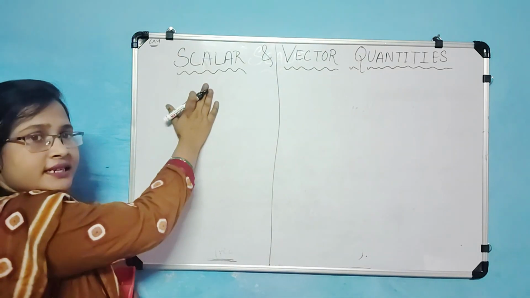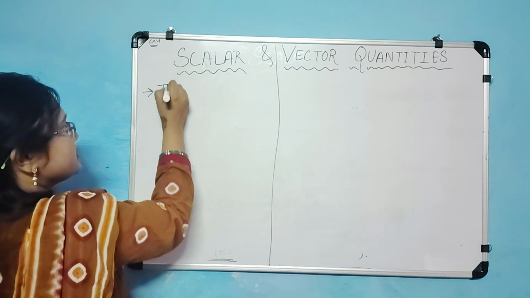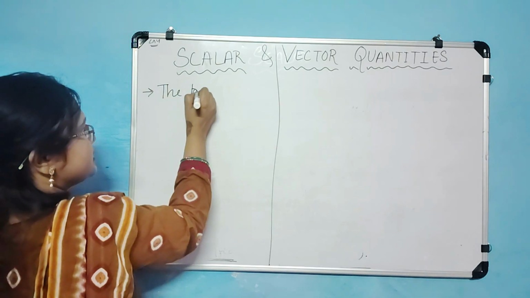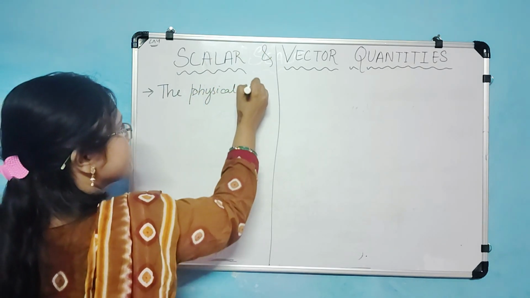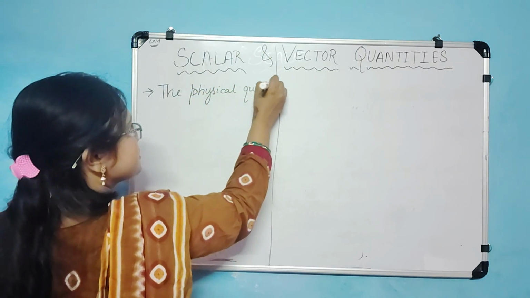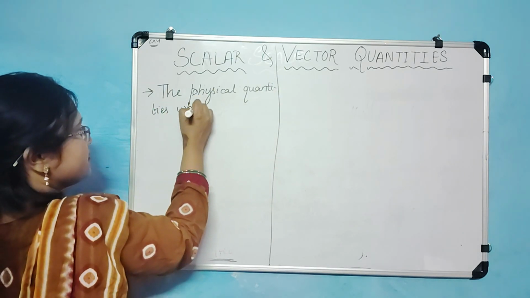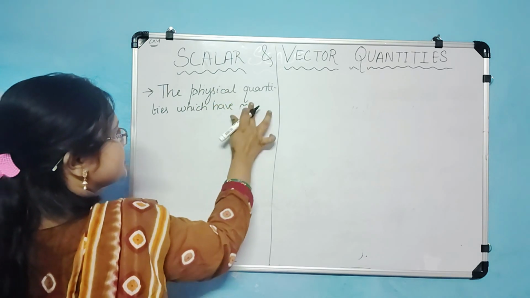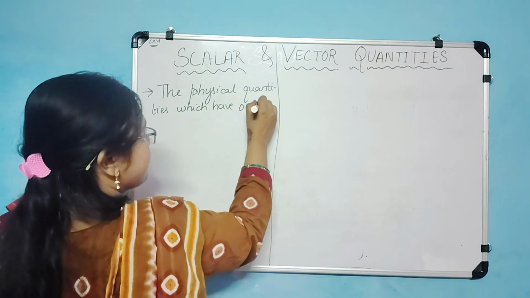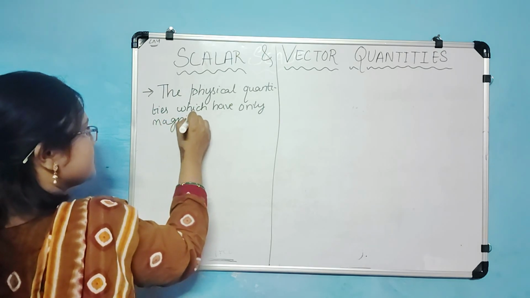Scalar quantities are those quantities which have only magnitude. The physical quantities which have only magnitude. Clear?